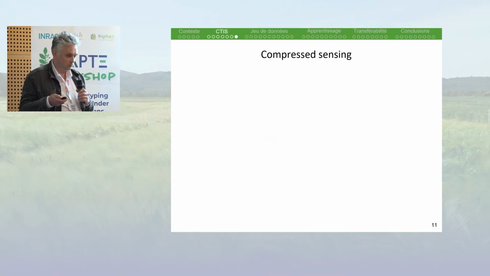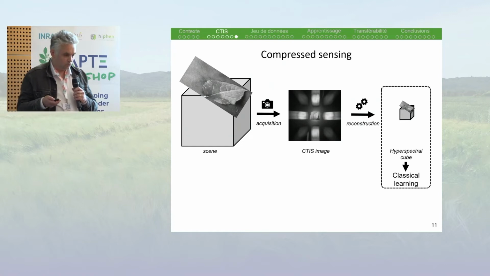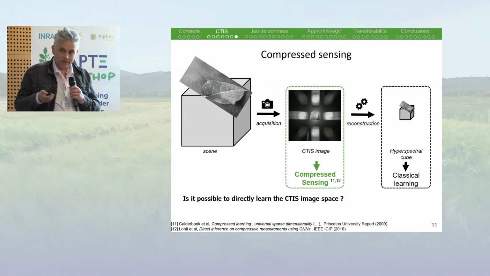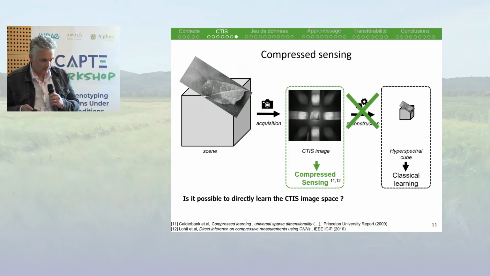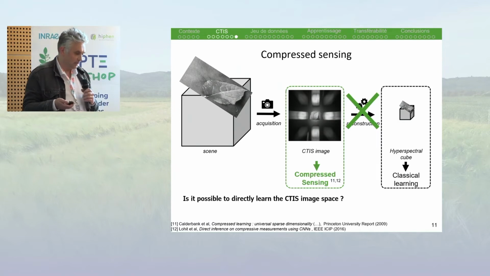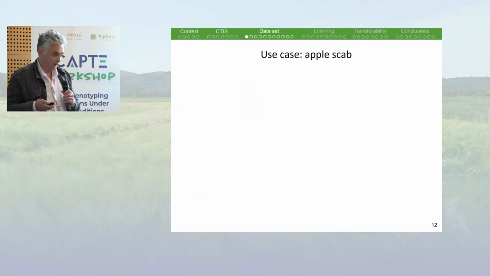We can directly use the CTIS plane. So instead of doing machine learning after a reconstruction of the hyperspectral cube, can we directly use the raw CTIS image? That's the question we addressed in this work, to save some time and some memory load, by not doing the reconstruction, which is only there for human eyes.